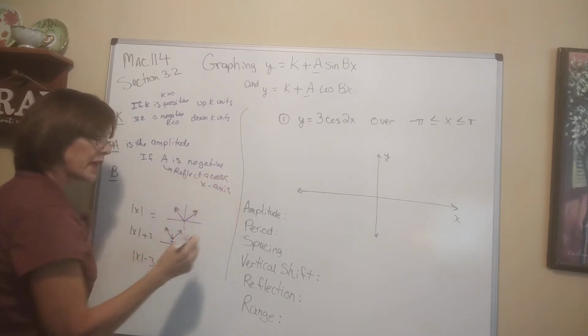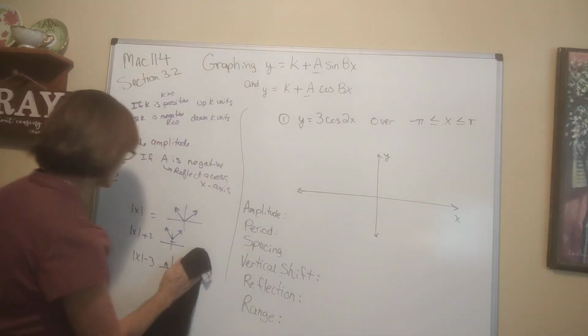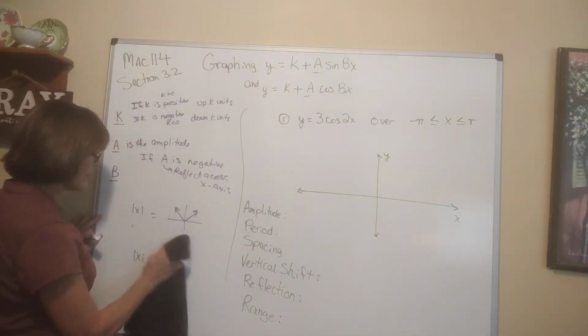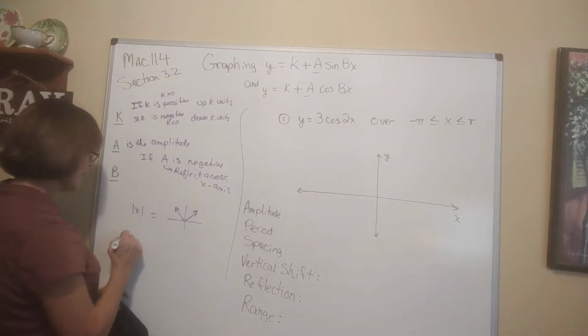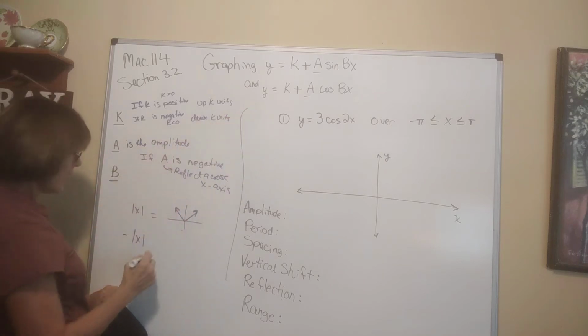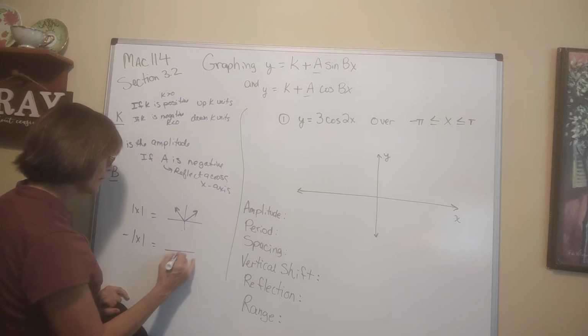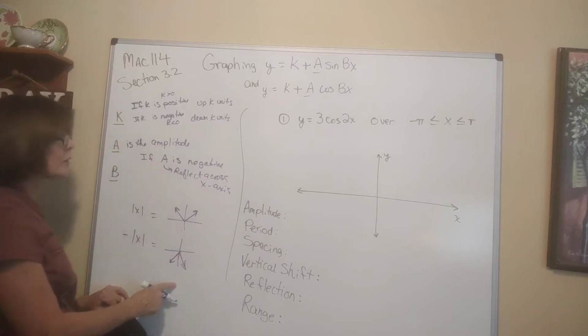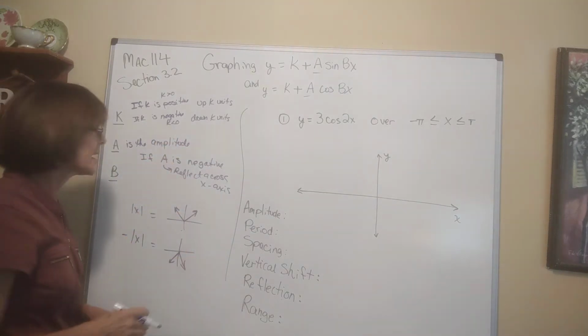So let's have a look at what that might have looked like in college algebra. If this is our basic graph, the absolute value of x, but they said, I want you to graph this, and they put a negative in front of this. That's like if our a is negative, what that's going to do is cause it to reflect across the x-axis right here. So that's what we would have. So if a is negative, we're going to have to reflect our graph across the x-axis.